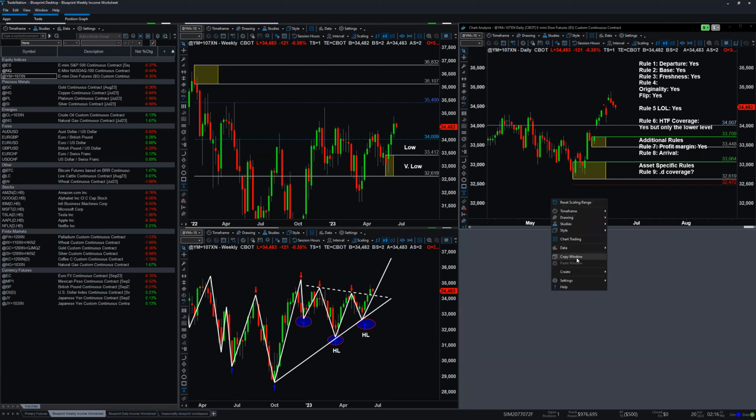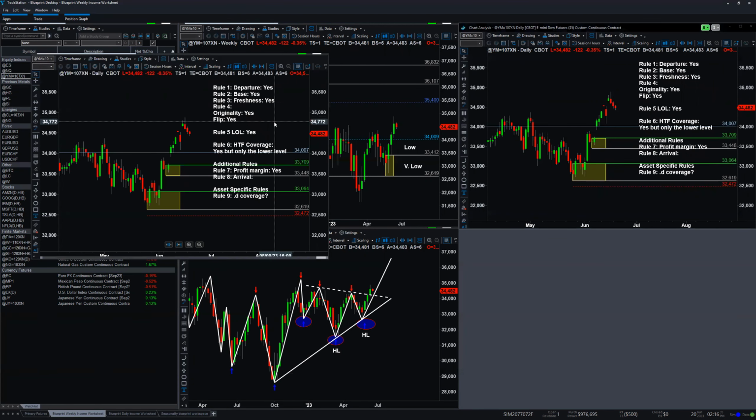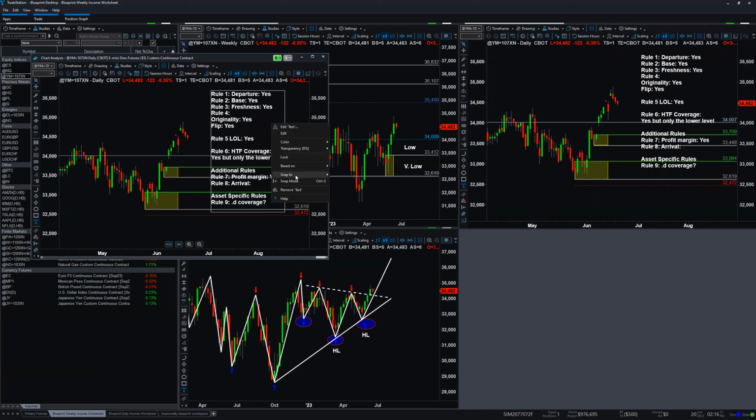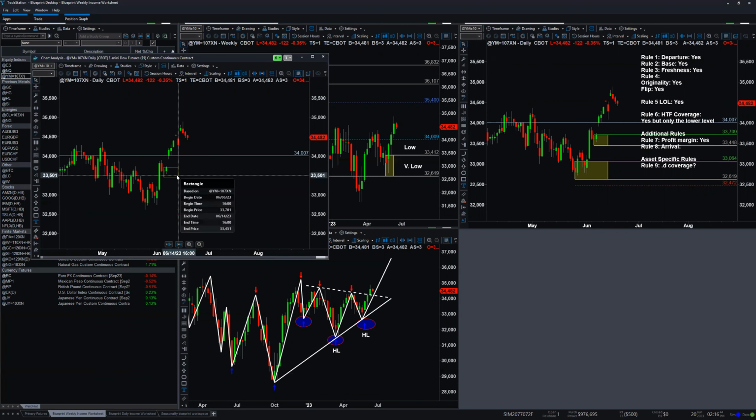I'm going to copy this, and I'm going to paste it in a new window. And here I'm going to remove all the drawing objects. I'm going to remove the link, important, remove the link.